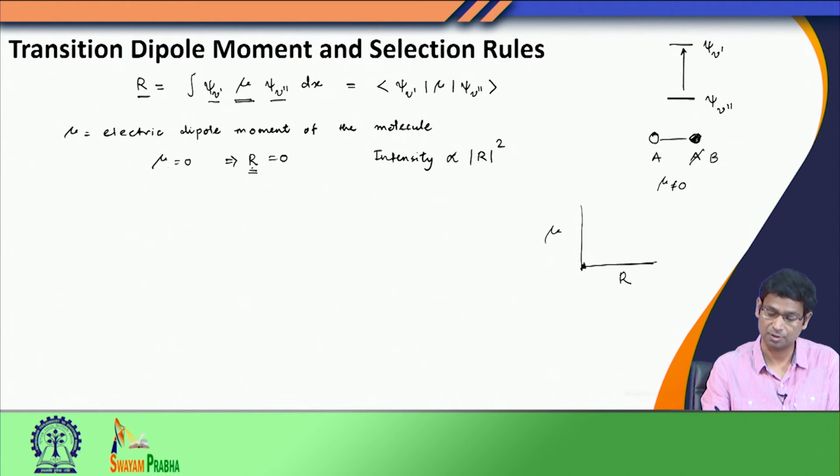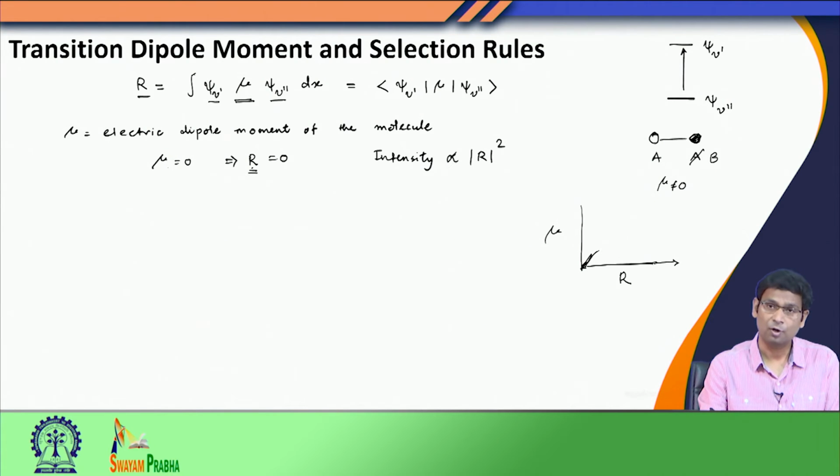So it becomes 0 at small r, and similarly at large values of r, when A and B are far away from each other, they do not interact with each other, so they can be approximated as two independent atoms. At that situation also the molecular dipole moment becomes 0.